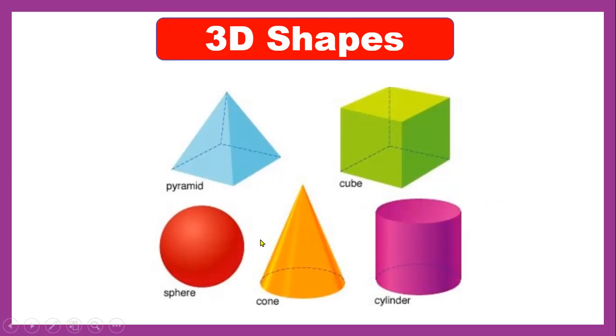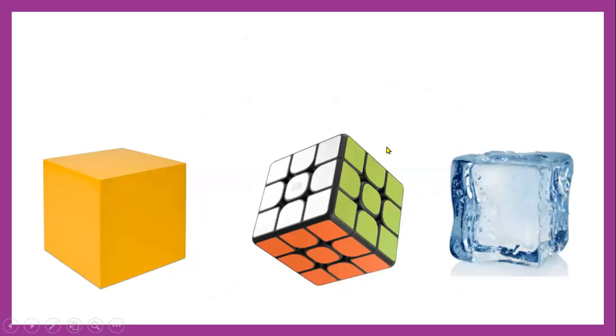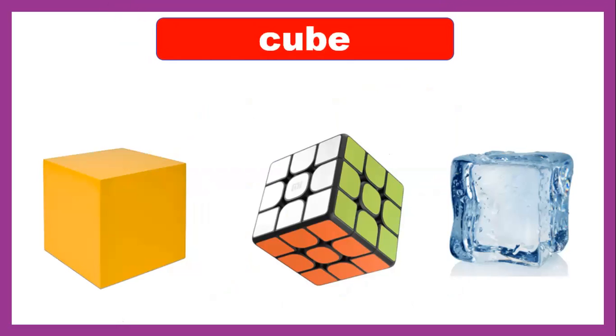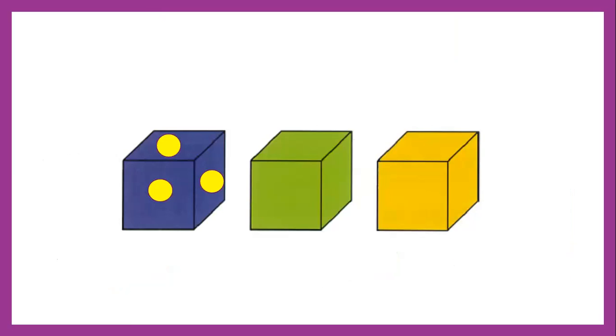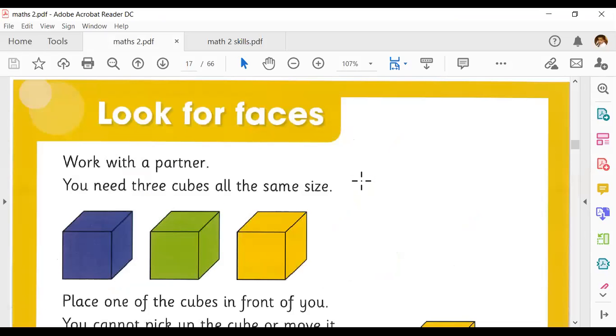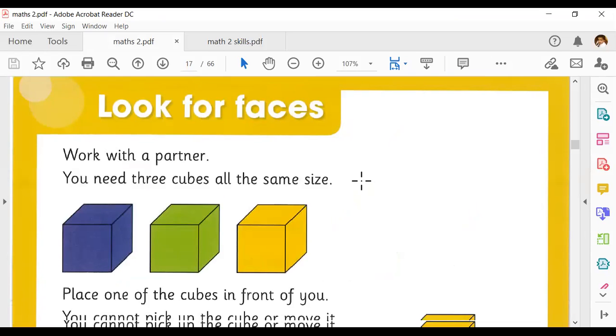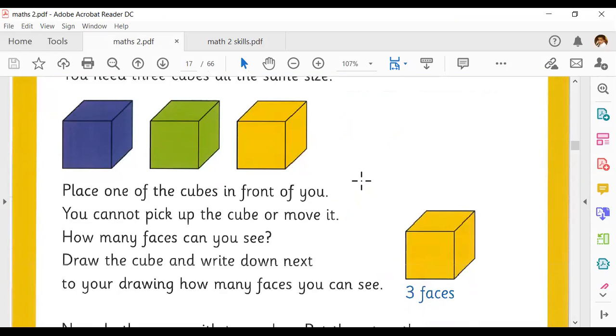So we can see height, width, and the depth, right? Today our lesson is about cube. We can see different types of cubes. This is the cube, this is the 3D shape. Now, in your book, the question is count the faces.